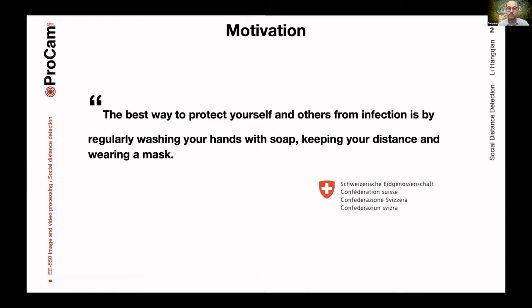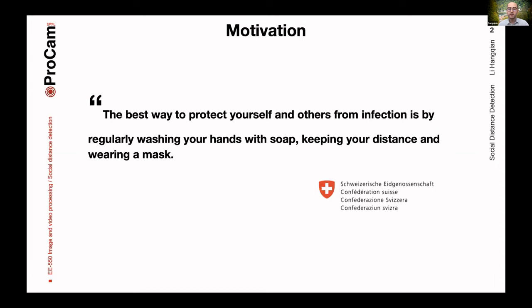The motivation behind the project comes from the Swiss government website. It says the best way to protect yourself and others from infection is by regularly washing your hands, keeping distance, and wearing a mask. So monitoring people in public places is a good way to control COVID.